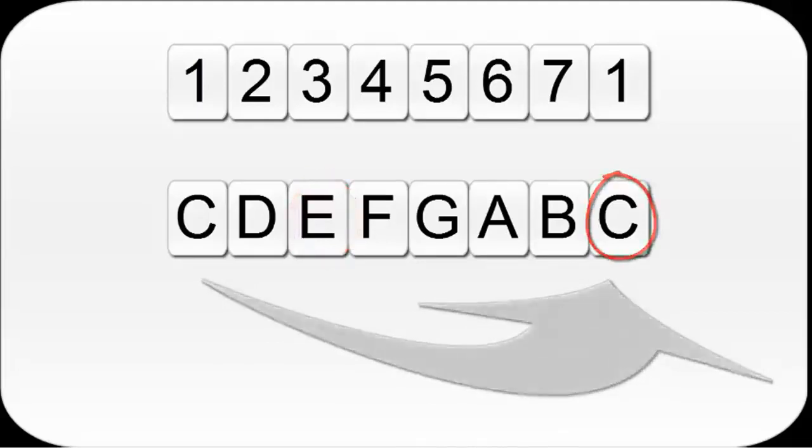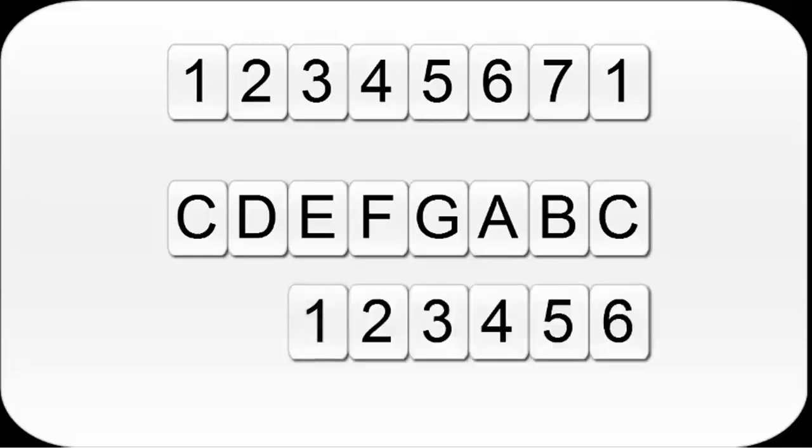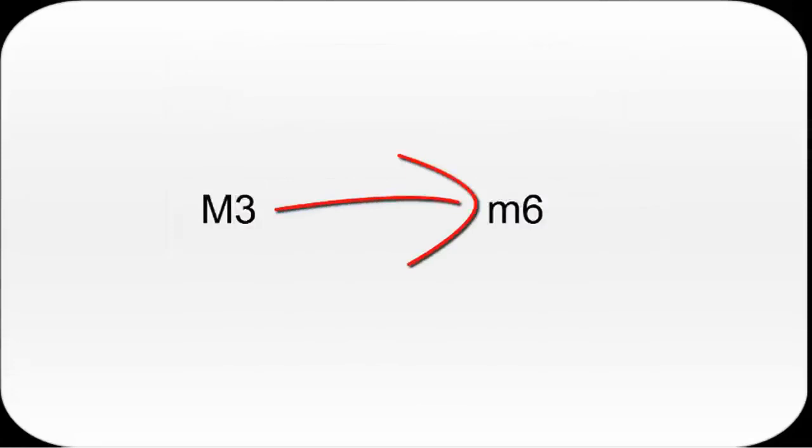Now we have something that sounds different. This is actually a minor 6th. If we were to pretend that the E is our new 1, you'll see that that C is actually 6 notes above the E. And I happen to know that in the E minor scale, we have the note C. It follows that all major 3rds become minor 6ths.